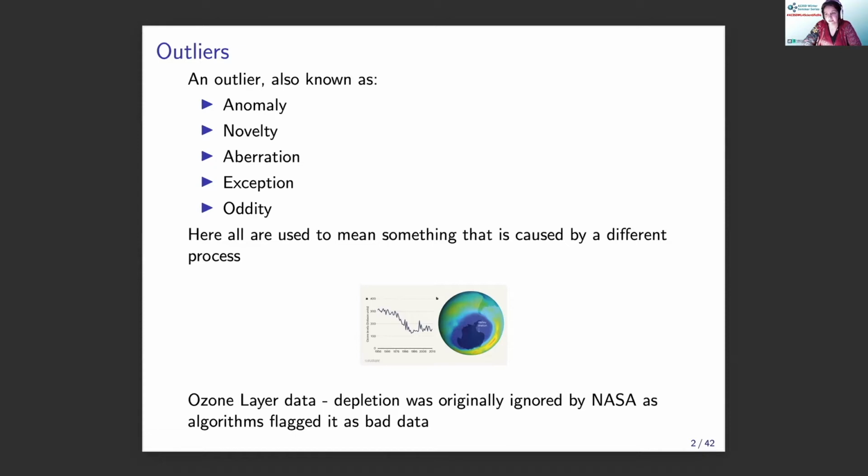Now, it's a bit of a story told by many teachers that the ozone hole was in fact completely ignored by NASA as its algorithms flagged it as bad data because it was so outlying. It was outside the limits that they were really expecting. It was so low.